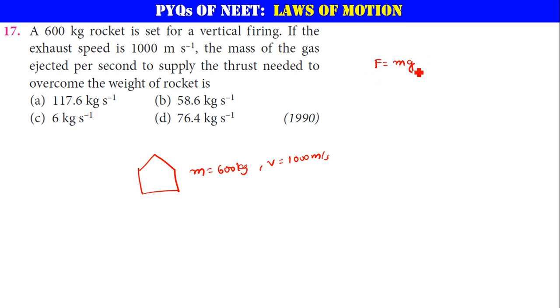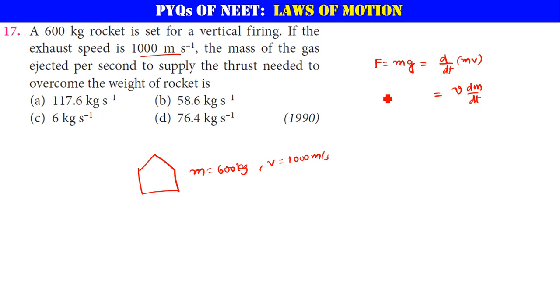That has to be equal to the rate of change of momentum. So d by dt of momentum is d by dt of m into v. Now he has given that the velocity is constant, so only one term will remain, that is v dm by dt. The other term is going to become 0. What is the mass here?